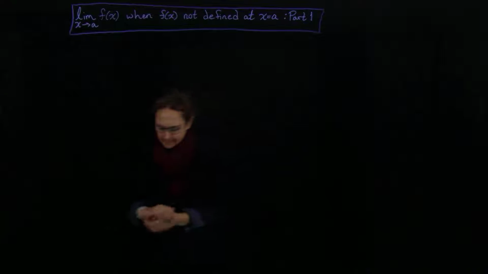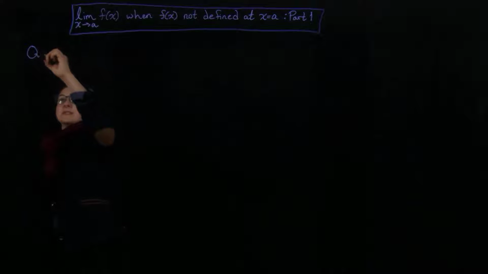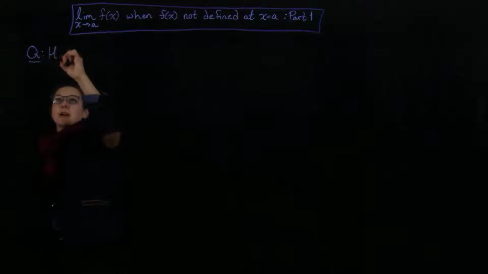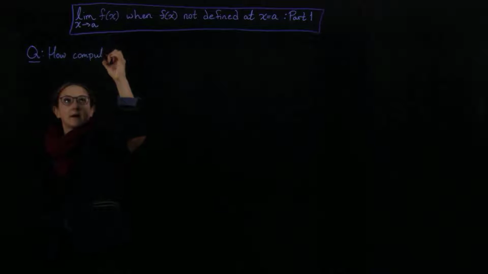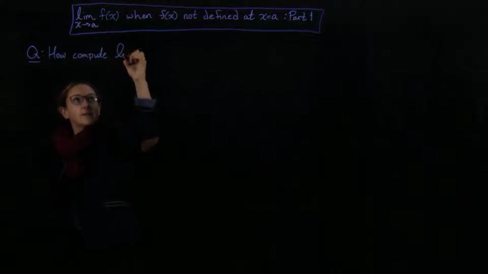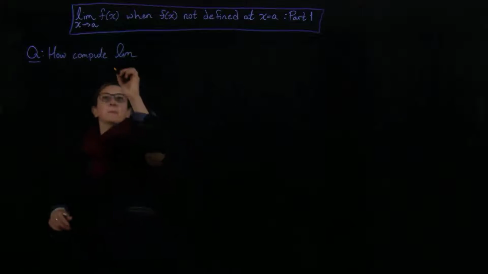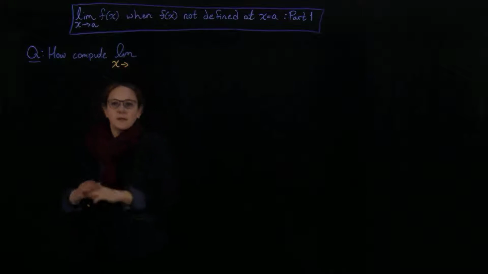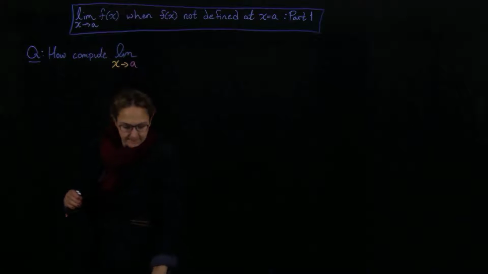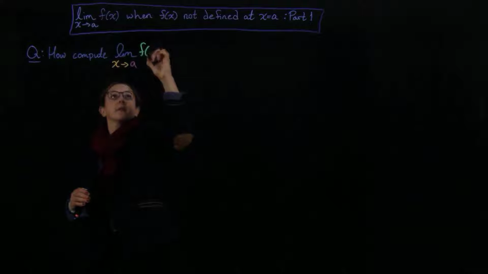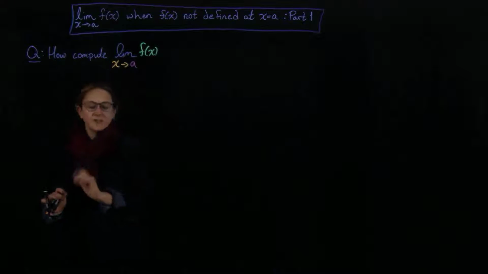So here's the question for this lecture and the next: how do we compute the limit as x approaches a of f of x, when we're in one of these situations where f of x is not defined at x equals a?